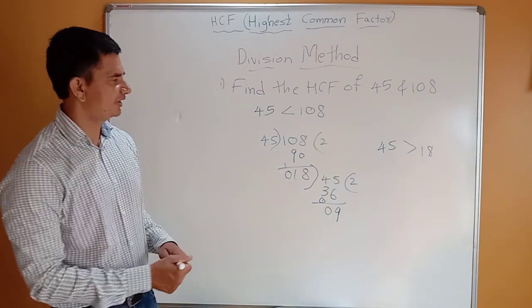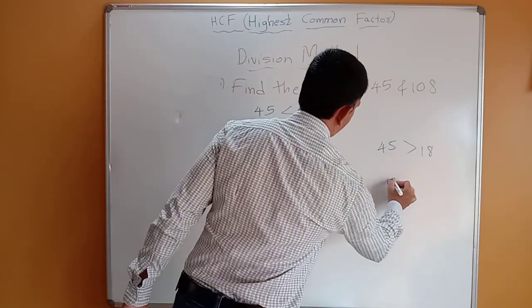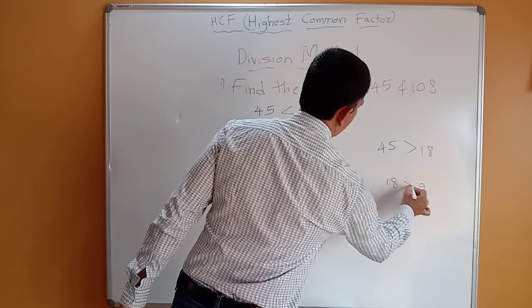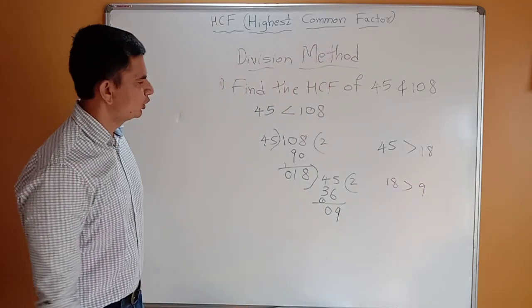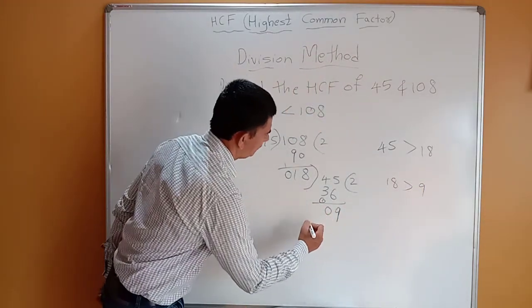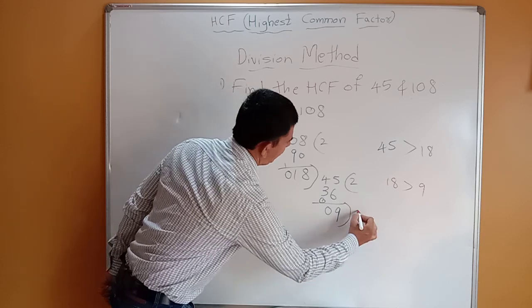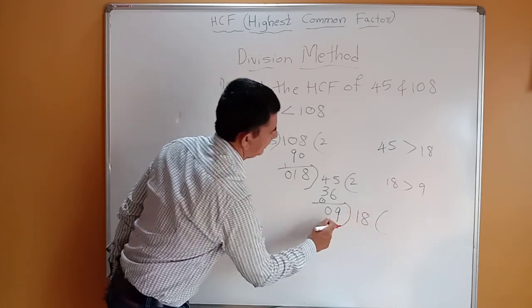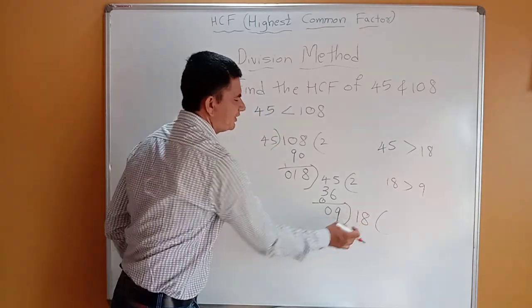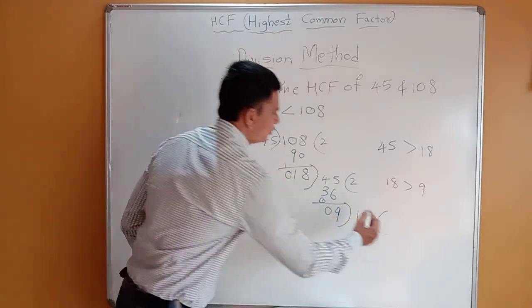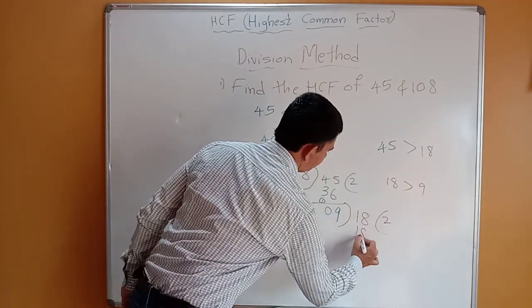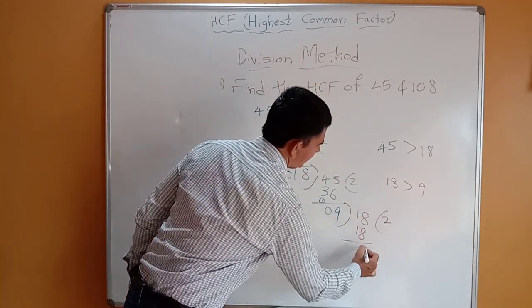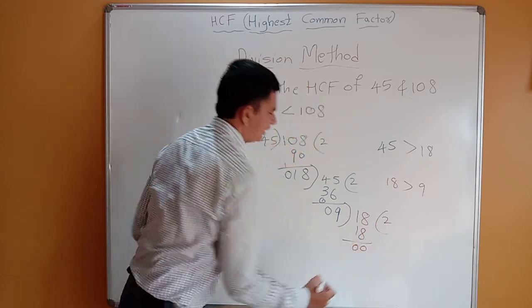9 and 18. Now between 18 and 9, which is the bigger number? 18 is the bigger number. So again we divide 18 by 9. In the 9 table, is 18 there? 9 twos are 18. So 8 minus 8 is 0, 1 minus 1 is 0.